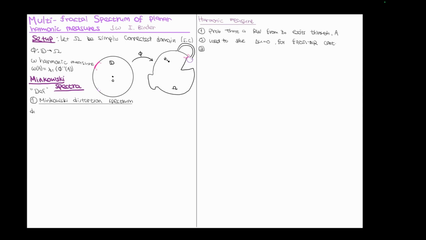So this is going to be the dimension of the set of points on the boundary of the disk where the derivative is going to behave roughly like 1 over (1 minus r) to the a. You can see that we have here a parameter a. This is a function which depends on the domain and this parameter a, and a is going to be a real number for now.